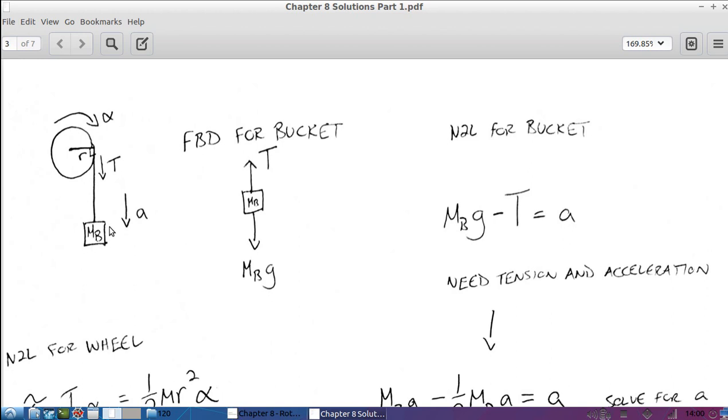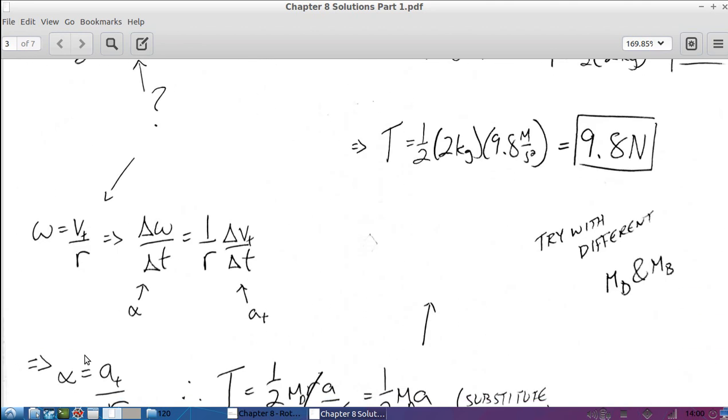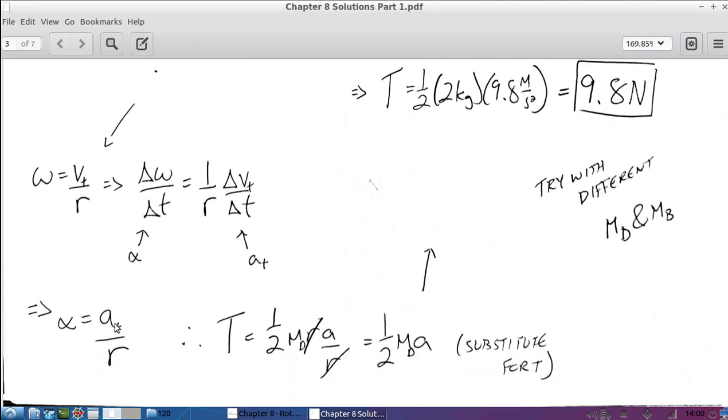This bucket's acceleration is the same as the tangential acceleration of the disk. So this a is the same as this a right here. So anytime I see an alpha and I don't know anything about the angular acceleration and I'm not being asked to solve for it, I can substitute a over r.